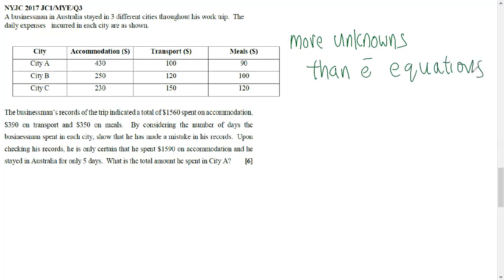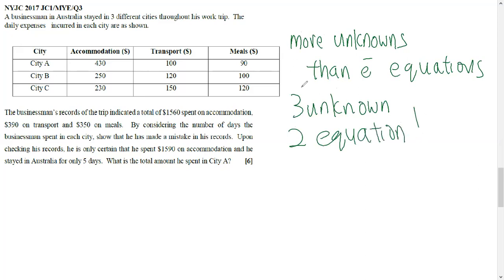An example of it will be 3 unknowns, but we only have 2 equations. So we are going to look at this scenario. 3 unknowns, 2 equations. So how are we going to solve it? Is it even solvable? The answer is yes. But of course, you need to do some interpretation. You cannot just fully depend on the calculator.